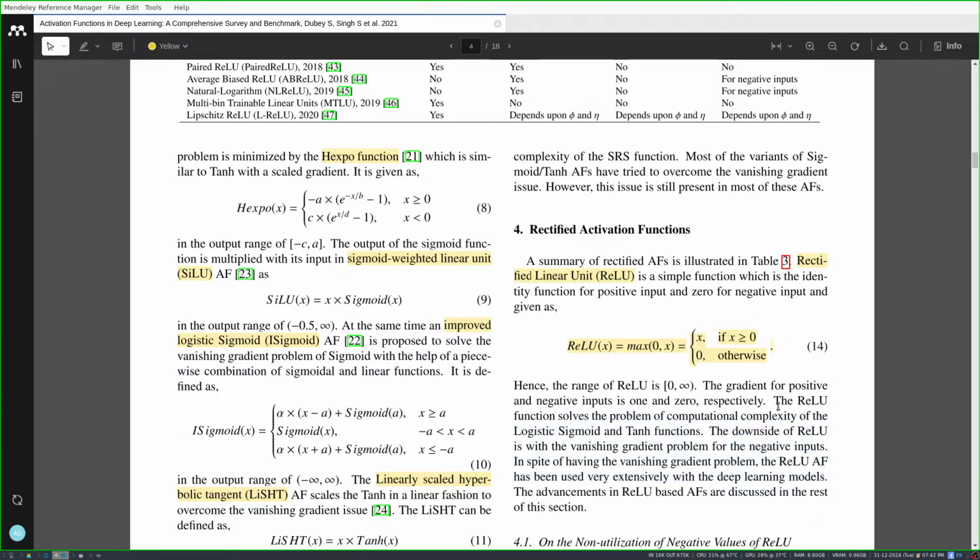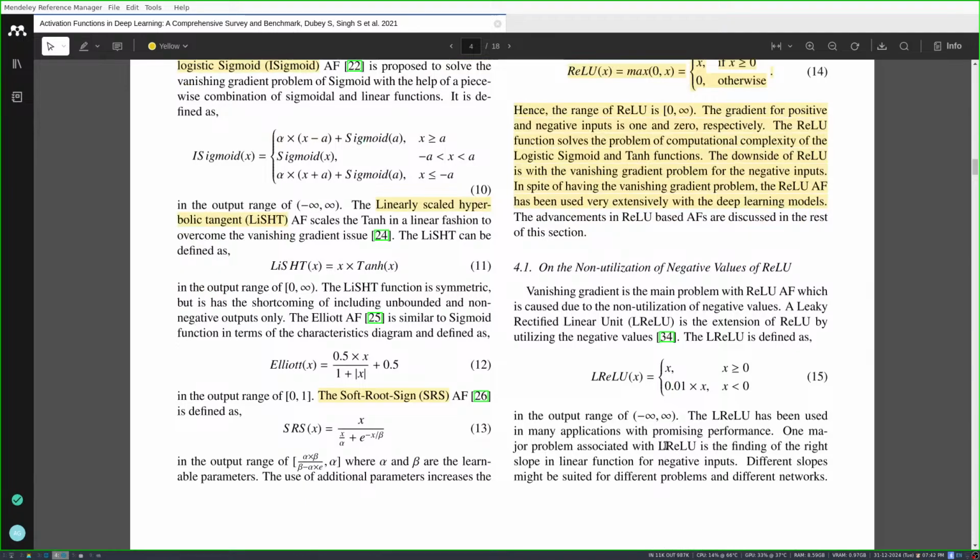Cool. On the non-utilization of negative values of ReLU. Vanishing gradient is the main problem with ReLU.